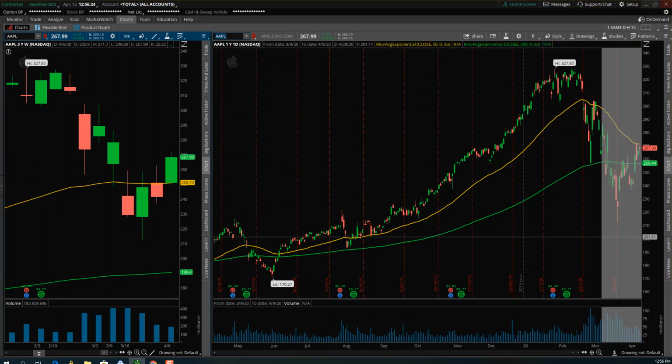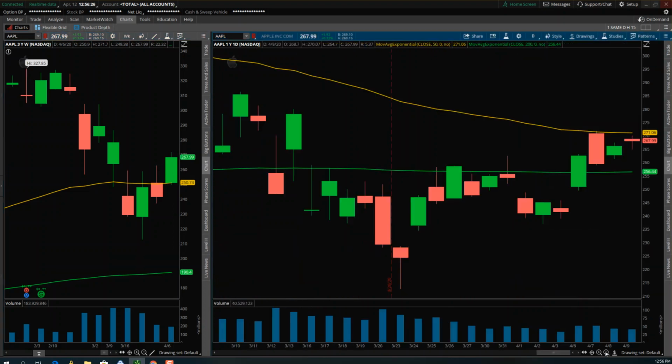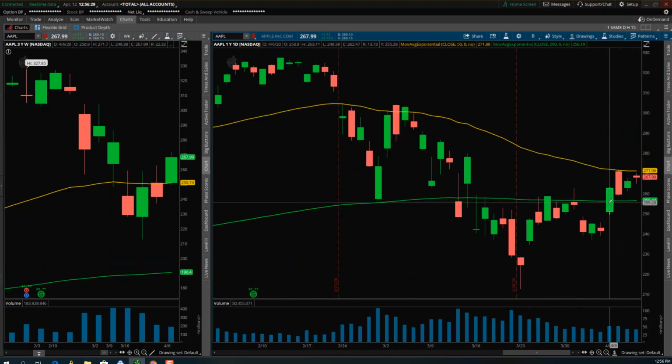If you dig into the daily time frame, we are above the 200-day moving average, and we couldn't close last week above the 50 EMA, which is this yellow line. We touched that on Tuesday, started the day on Tuesday at the 50-day EMA, and then just moved all the way down.